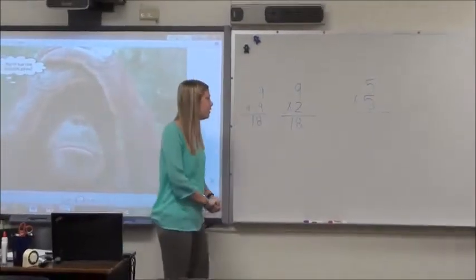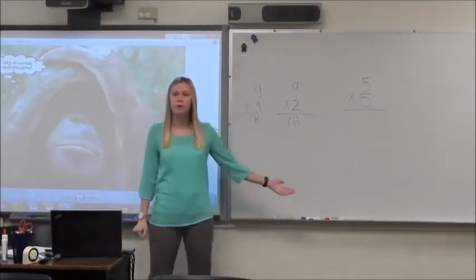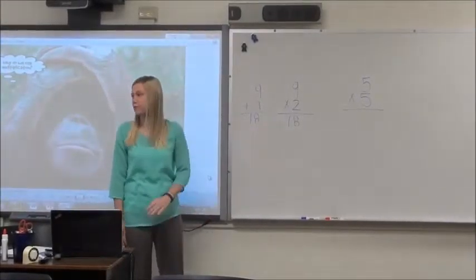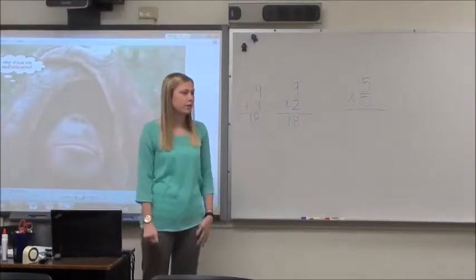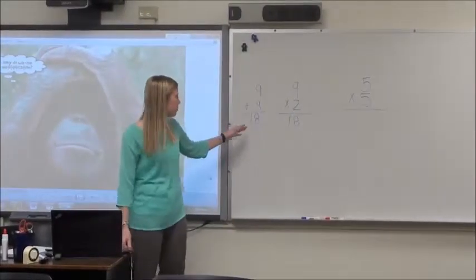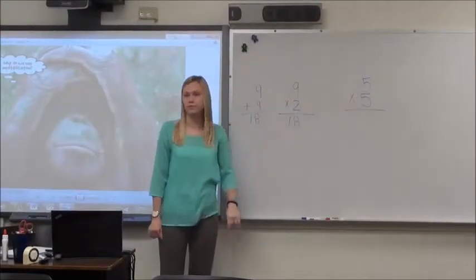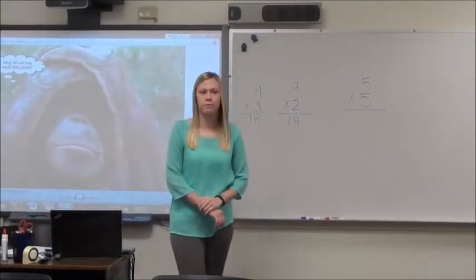Thank you, Kristen. So Kristen didn't multiply. She used repeated addition as another strategy that we use earlier in this week. So if you can't figure it out, you can always do it like Kristen. 9 plus 9 is 18. 9 times 2 is 18. Okay? Who wants to come do the second problem?